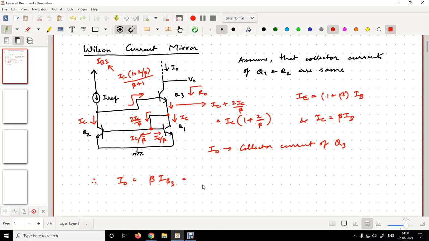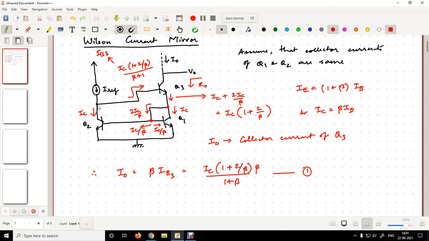Remember, this is IB3, the base current of Q3. So this is IC into 1 plus 2 by beta into beta divided by 1 plus beta. This is I naught, which I will mark as equation 1.